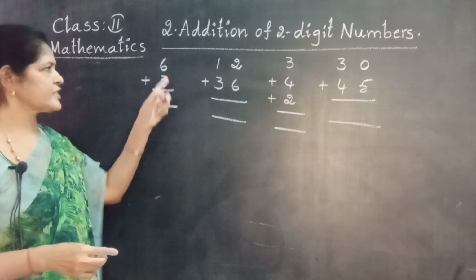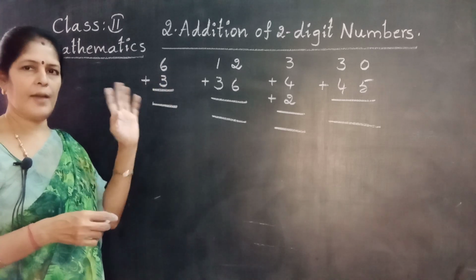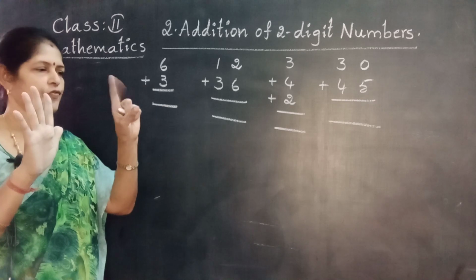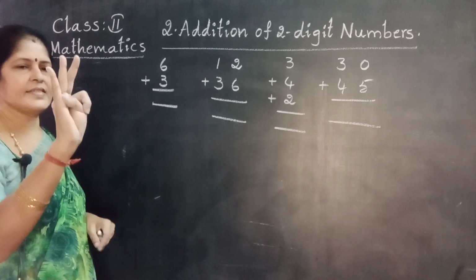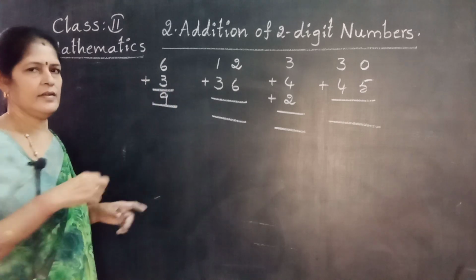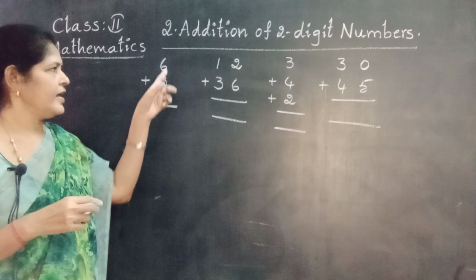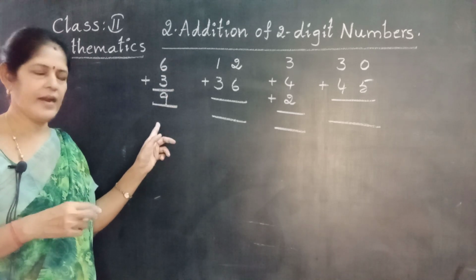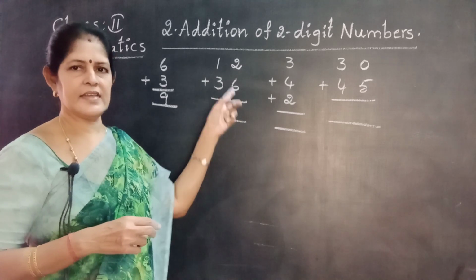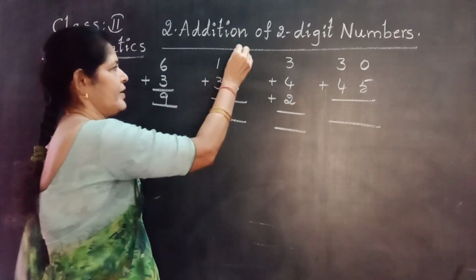First one, 6 plus 3, one-digit numbers. Take up number or down number, no problem. Take 6 fingers, 3 after: 7, 8, 9. 9 is the total. 6 and 3 make 9. Next, 12 plus 36, both are two-digit numbers.